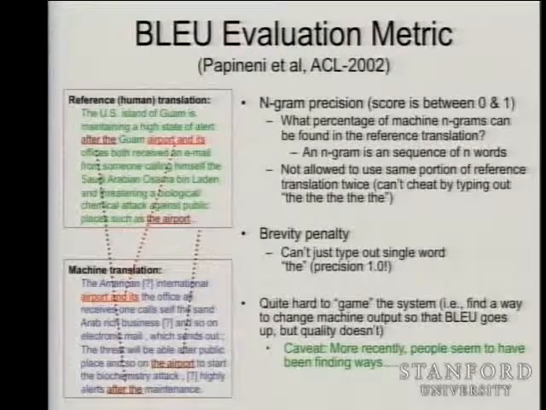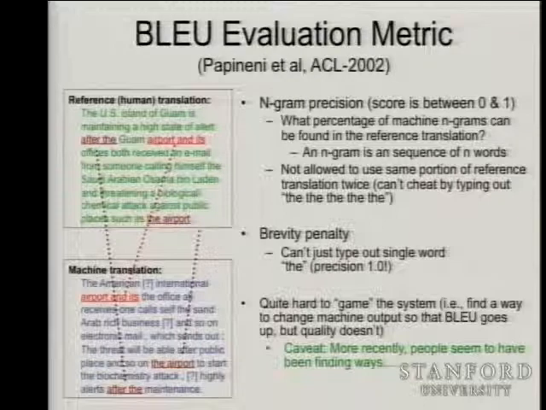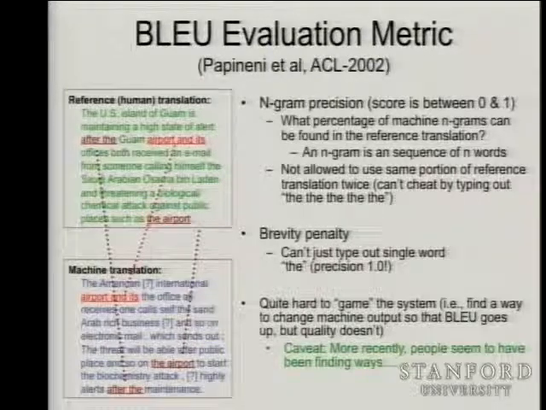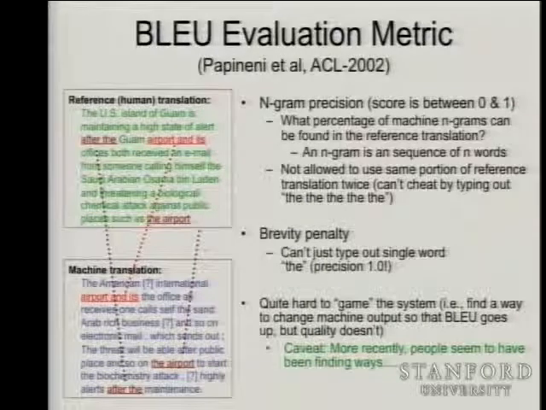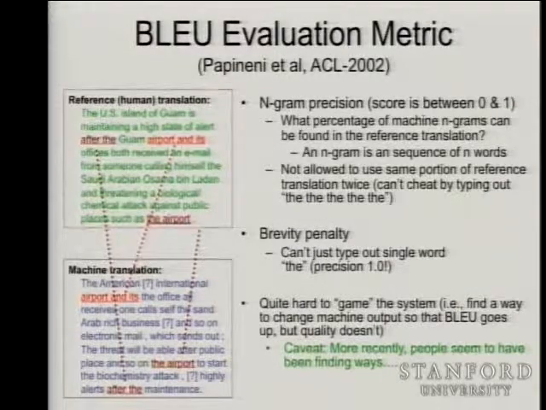At this point, I think I have to have a big caveat to that, because in the last several years, people have started getting cleverer and cleverer at using high-tech discriminative machine learning methods of various kinds, whose only job in life is to optimize BLEU scores. And what people have been increasingly finding is that the correlation between BLEU score increases and human evaluation of translation quality has been breaking down, to the extent that for the kind of increases people are now getting in BLEU scores, they're not really correlated at all with improvements in translation fluency.